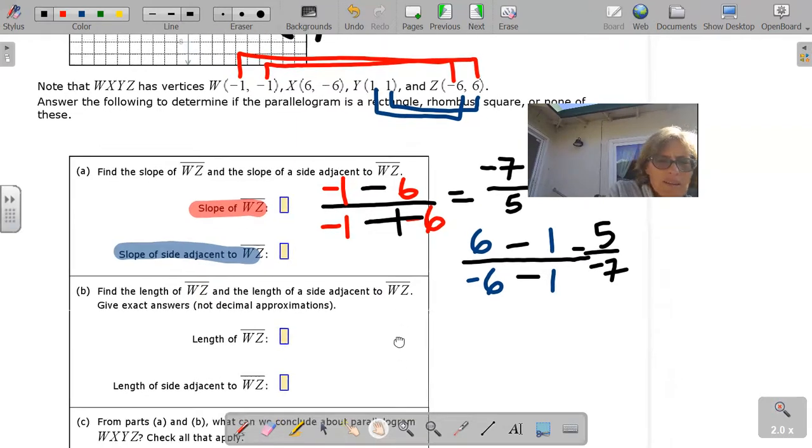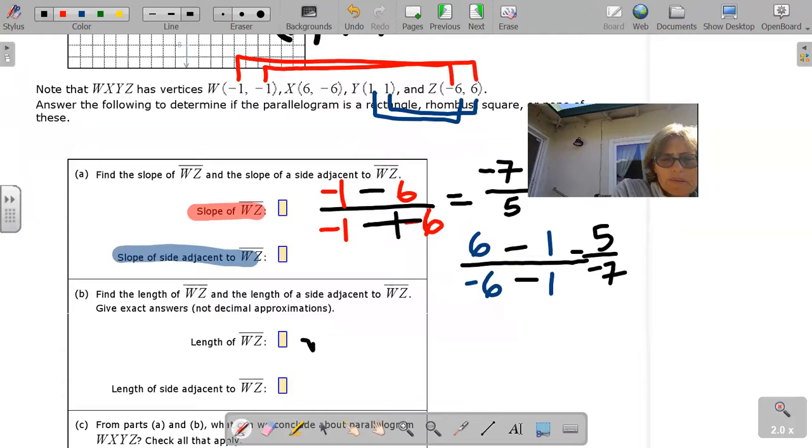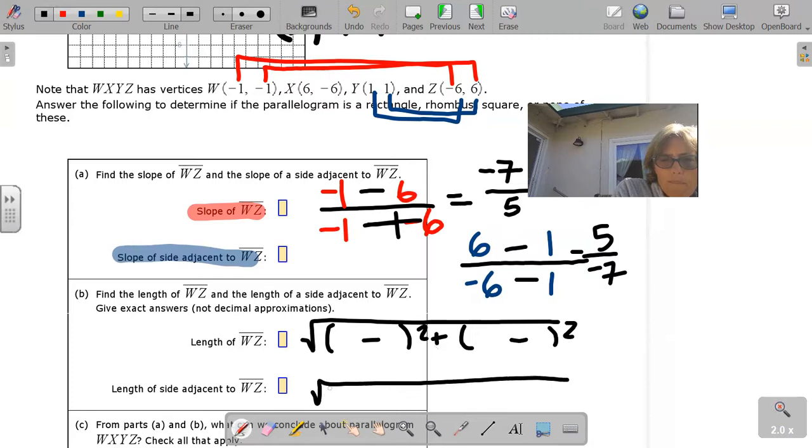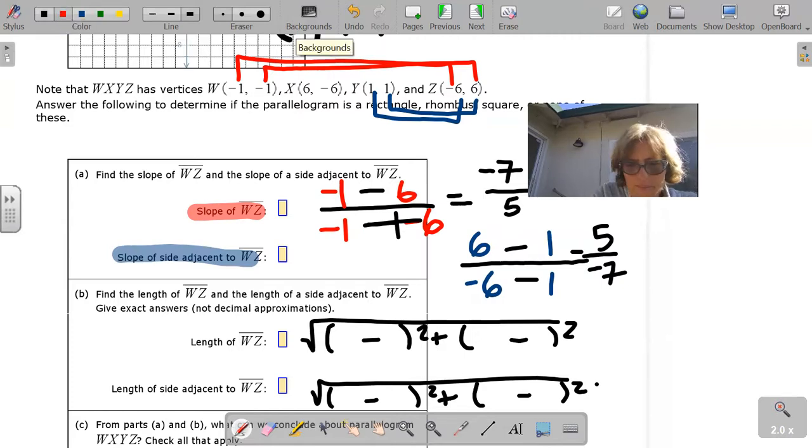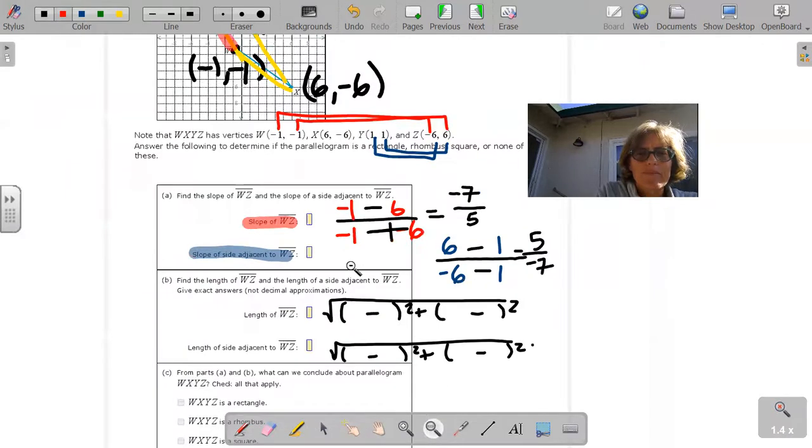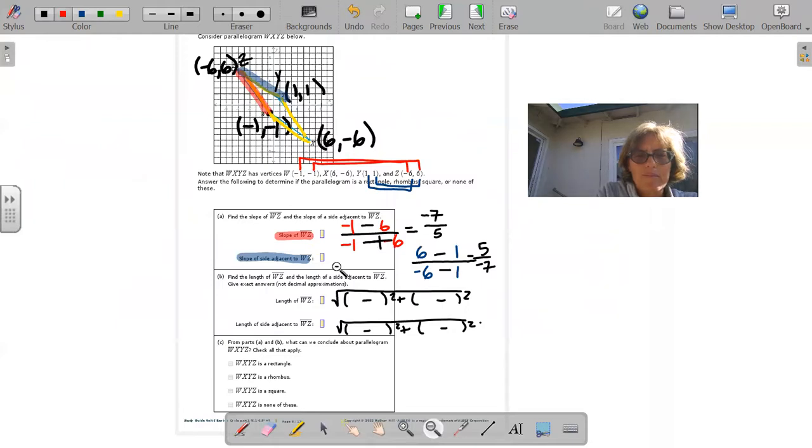This one, we want distance. So we make a distance template. WZ are numbers.